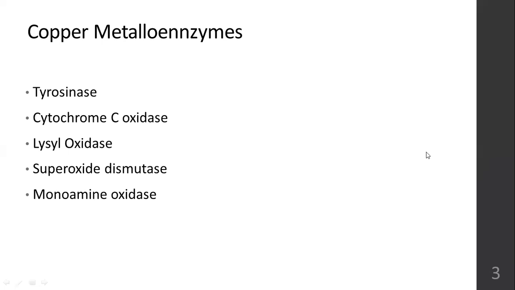Then you have monoamine oxidase. It removes certain neurotransmitters, norepinephrine, serotonin, and dopamine, from your brain. In certain psychiatric medications it is also used when there is too much epinephrine, dopamine, or serotonin.